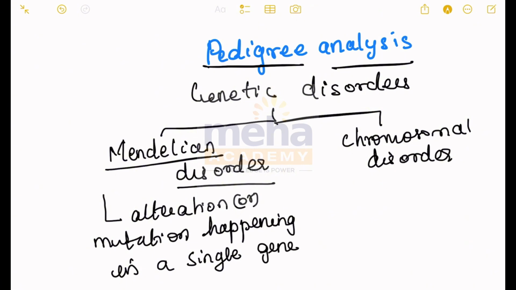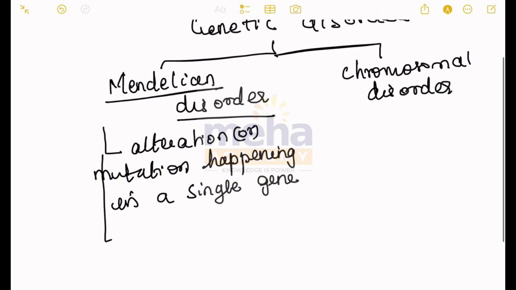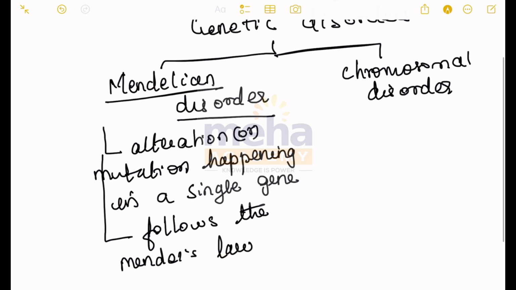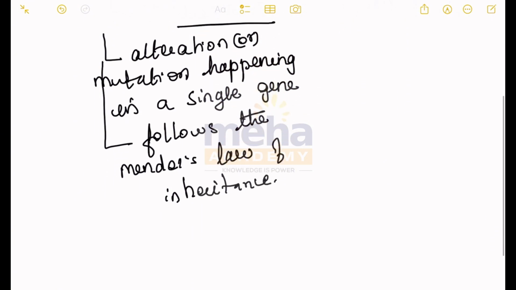And this Mendelian disorder follows Mendel's law of inheritance.